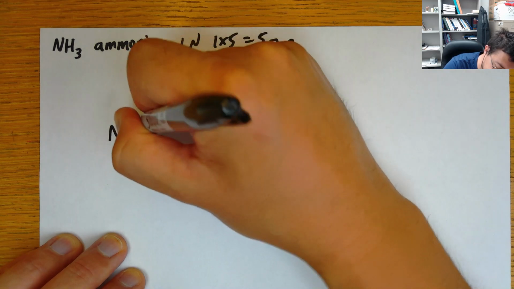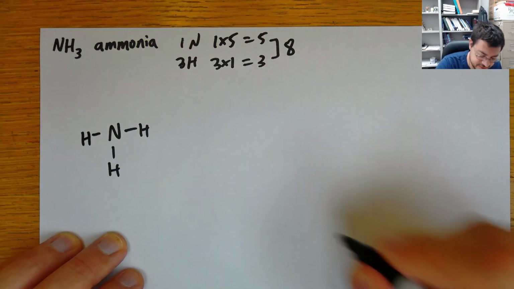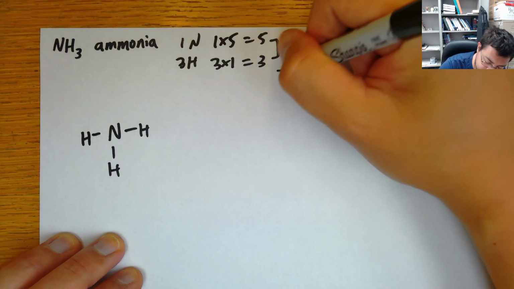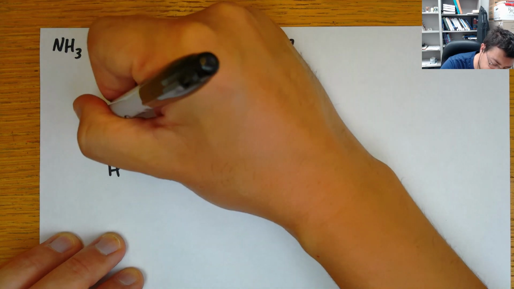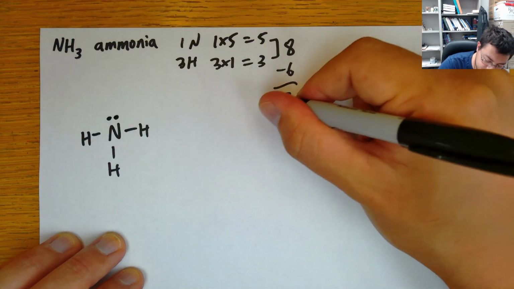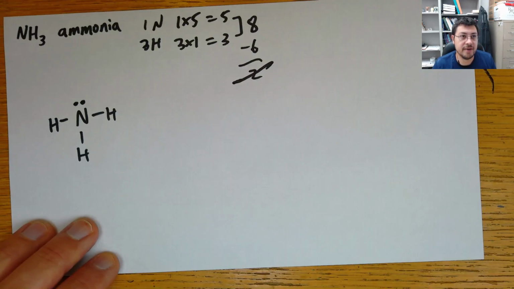Nitrogen, hydrogen, hydrogen, hydrogen. We have spent 6. 2 more left to spend. Hydrogen's happy on the outside. Nitrogen needs 2 more. We have 2 more. And so now that molecule is done. Ammonia.